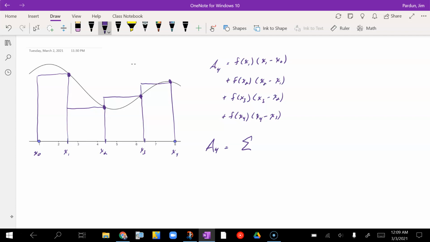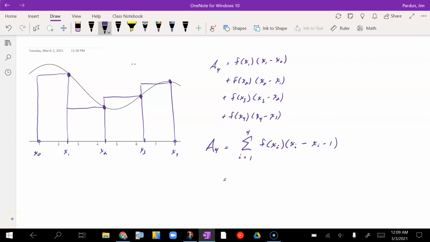And I'm going to let i, in this case, go from 1 to 4. And so I can say that it's the height of the rectangle, f of x sub i, times the width of the rectangle, which is going to be x sub i minus, well, the one that comes before that. And that's going to be x sub i minus 1. Okay?